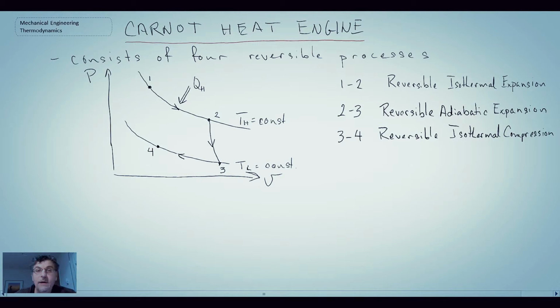And whenever we compress a gas, it's going to get hotter. So in order for it to be isothermal, we need to reject heat to the environment. And that would then become Q subscript L.